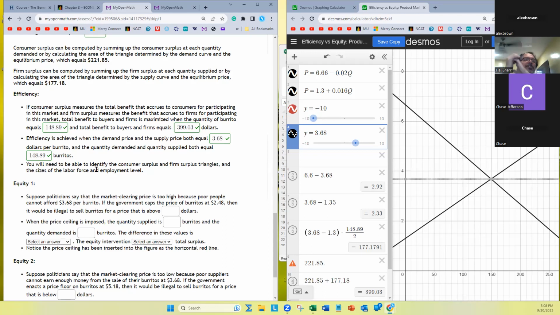Now, suppose politicians say the market clearing price is too high because poor people cannot afford $3.68 per burrito. Now, where have you heard this argument before? Not in terms of burritos, but where else have you heard this argument? Do you think the tuition you pay is market priced? Is the tuition that you pay at A&T State University the market price for tuition? No, it's not.